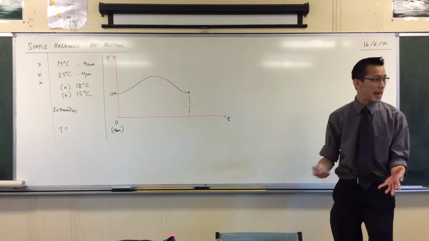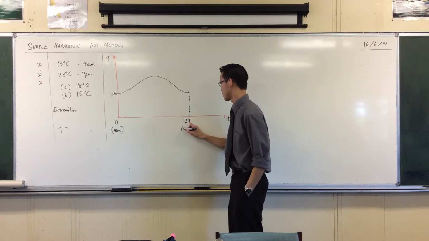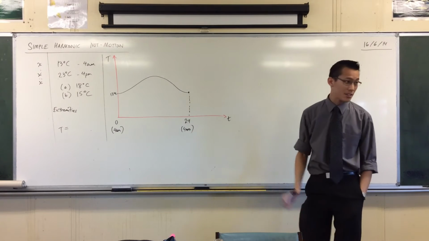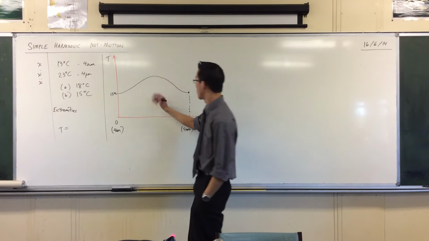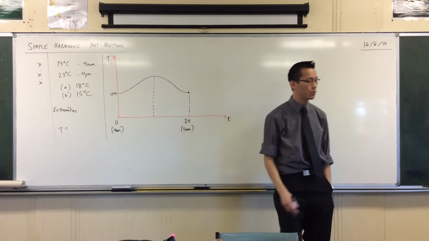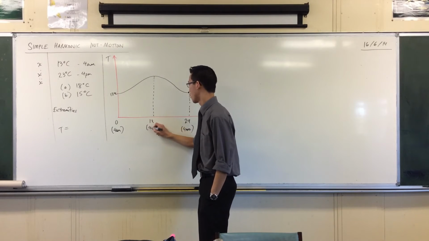That'd be 4 a.m. again. What t value would that be? That'd be 24, which is 4 a.m. again. In exactly the same way, I've got that stationary point up there. What t value would that be? That'd be 12, and that corresponds to 4 p.m.